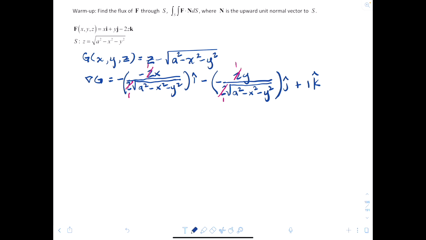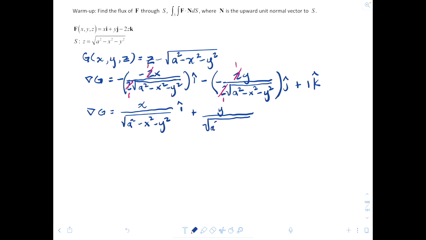So, making it pretty, we'll have del g is equal to x over the square root of a squared minus x squared minus y squared times i plus y over the square root of a squared minus x squared minus y squared times j plus k. Groovy?